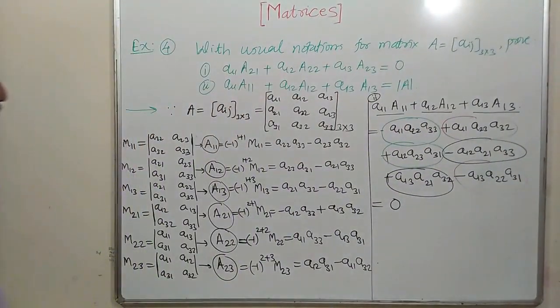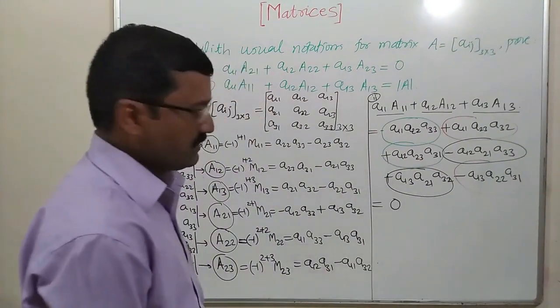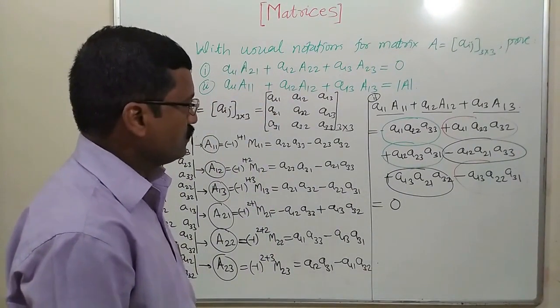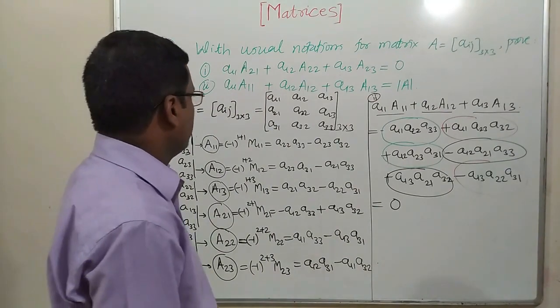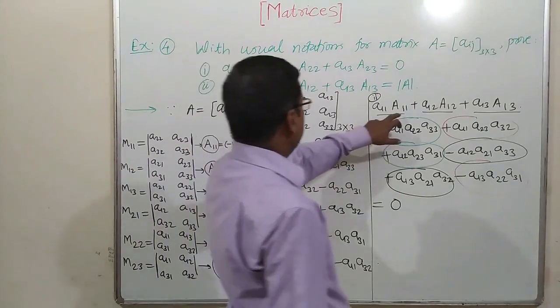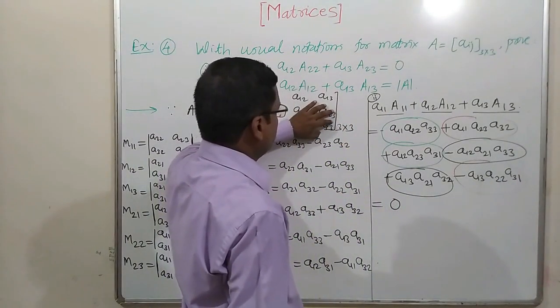Let us once again observe the elements. Whether they get cancelled with each other? No, they are not cancelled with each other. Actually, this a11, a11, a11 and its minor is nothing but this.